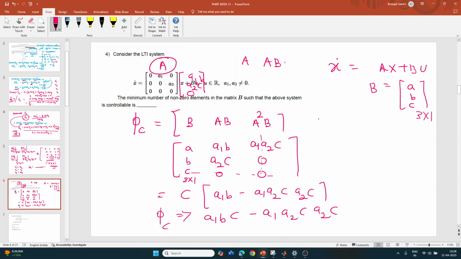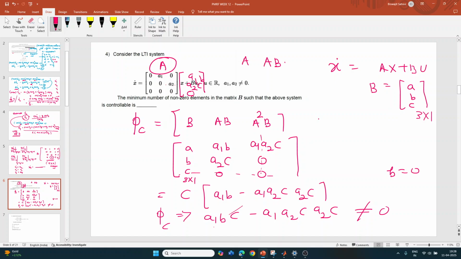So now you just check the minimum number of non-zero elements in the matrix B so that the above system is controllable. To be controllable, this determinant should not be equal to 0. Then you have to see, if one element is 0 from the B matrix, let's say B equal to 0, then this term is 0, but this term is non-zero.